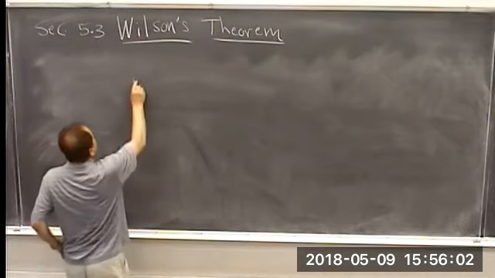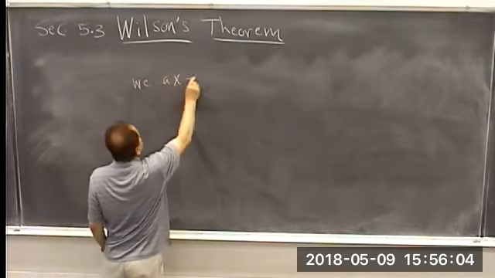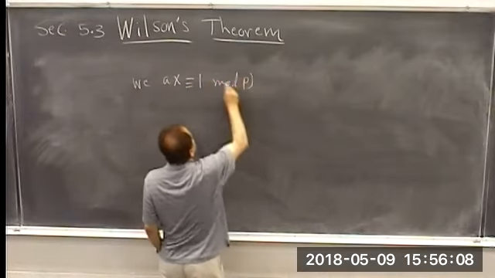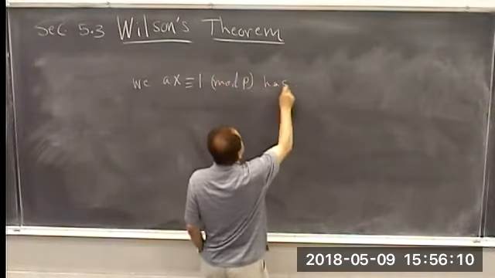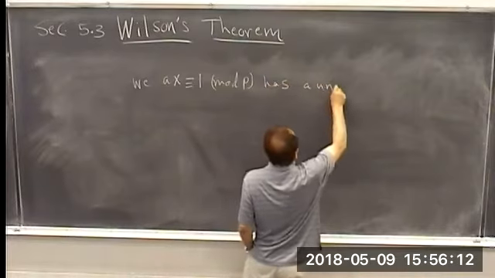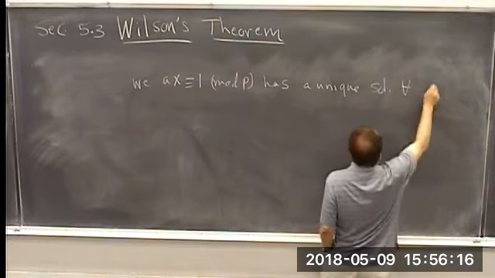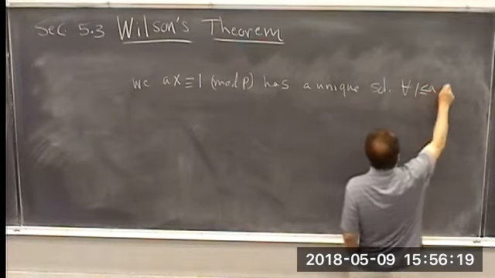So we have ax congruent to 1 mod p has a unique solution for every a in that list.